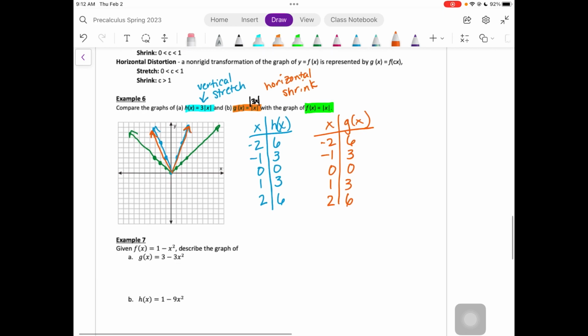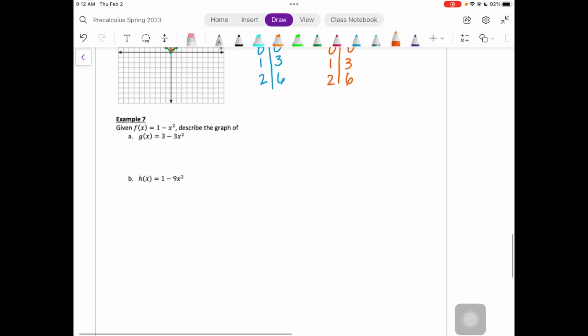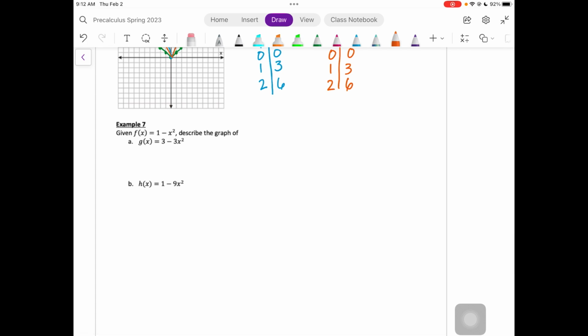Okay, so let's take a look at number 7, and we're going to describe what that graph would look like. So for g of x, that's basically saying we're multiplying f of x by 3, right? Because if you take 3 and distribute that in to the f function, you get 3x squared, right?